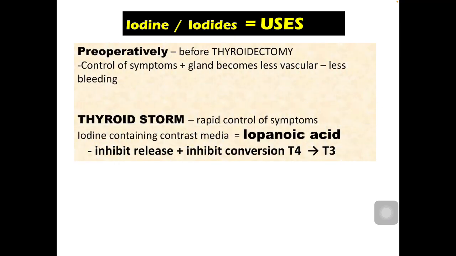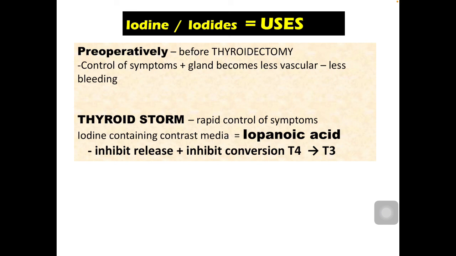Where do we use them? Mainly preoperatively. Before thyroidectomy, when we give Lugol's iodine, it rapidly controls symptoms and the gland becomes less vascular, so less bleeding takes place. Also in the treatment of thyroid storm, where we rapidly want to control the symptoms of hyperthyroidism, we can use iopanoic acid.